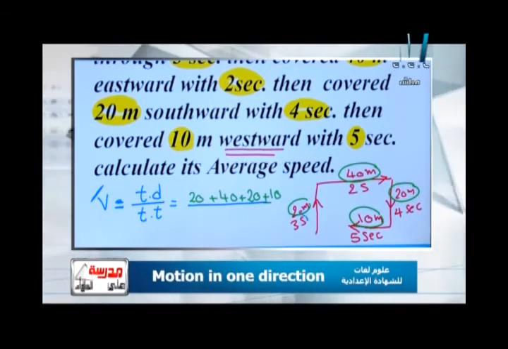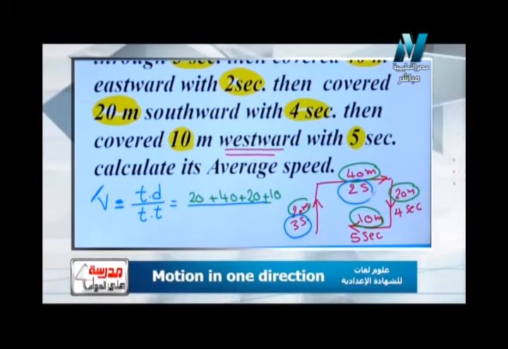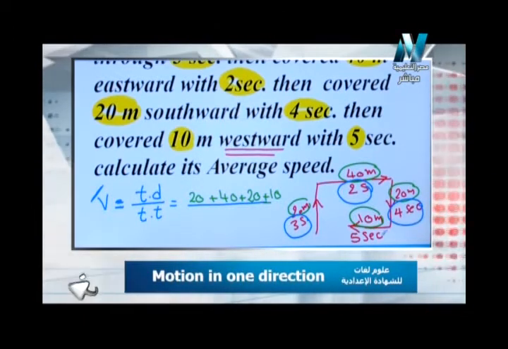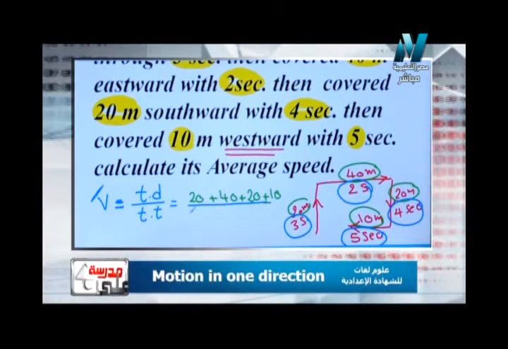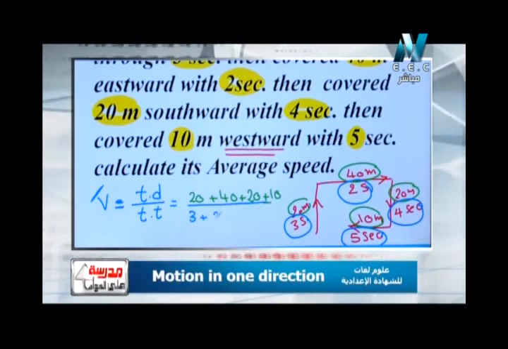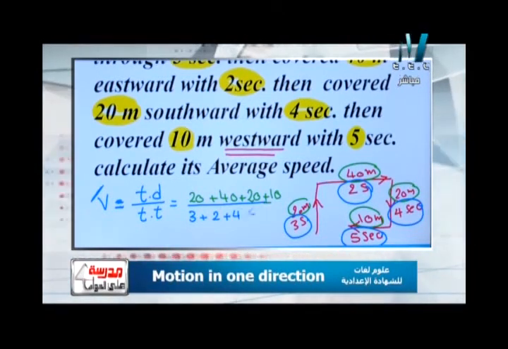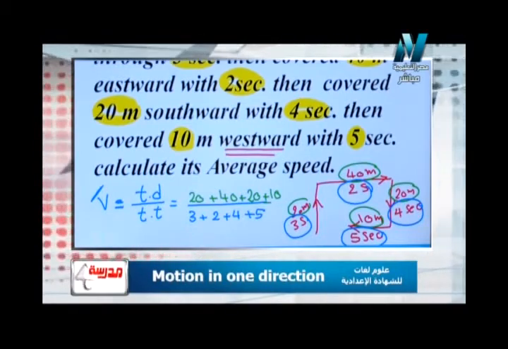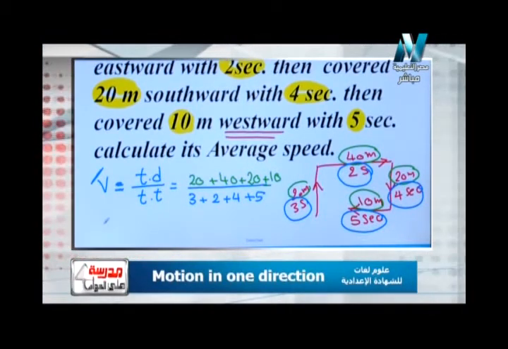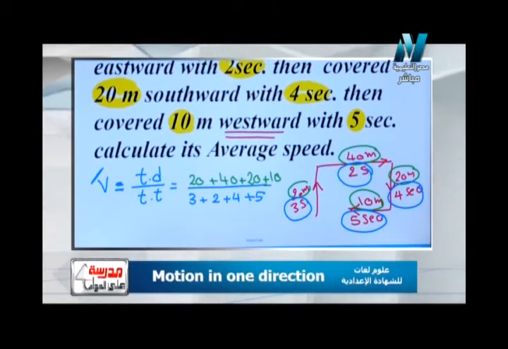Seconds. 3 seconds, 2 seconds, 4 seconds, 5 seconds. So we have 3 plus 2 plus 4 plus 5. We can calculate by using the calculator or by using your mind.